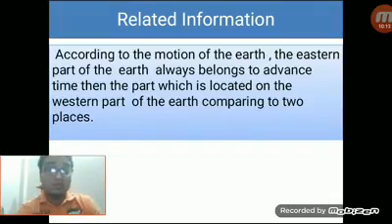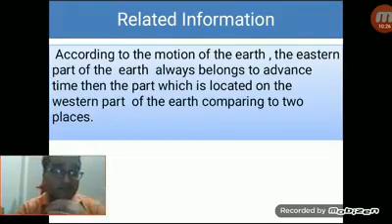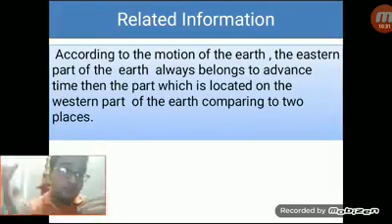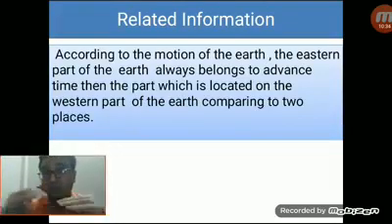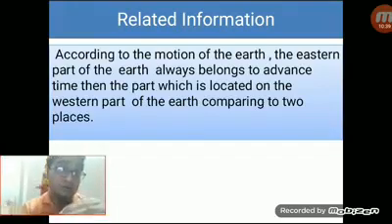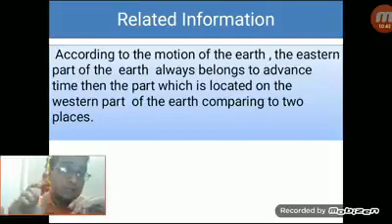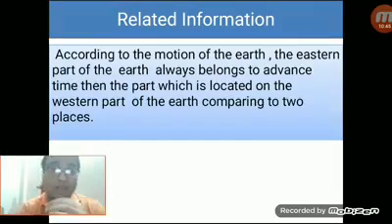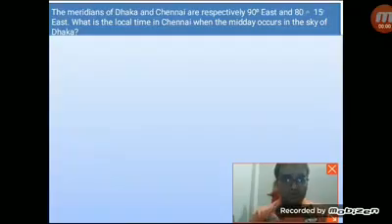Comparing two places, the eastern part of the earth gets the sunlight first, so the time will be advanced at that place. At the same time, the place located in the western part of the world gets the sunlight later, so the time will be slower.